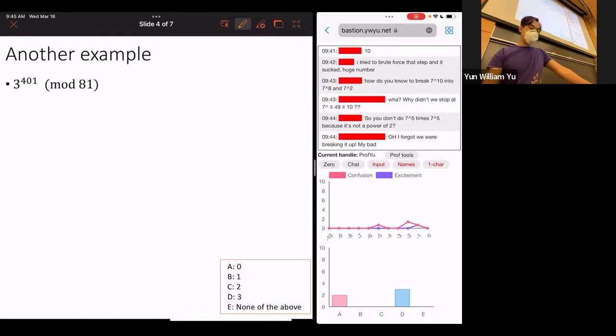And I'll be curious to see what people get. Okay, so it looks like we're getting a lot of D for 3 to the 401 mod 81 is equal to 3. How do you guys get that?